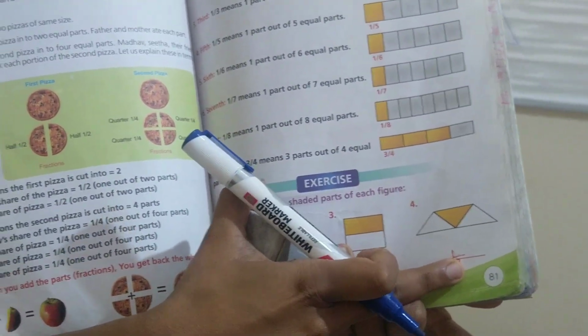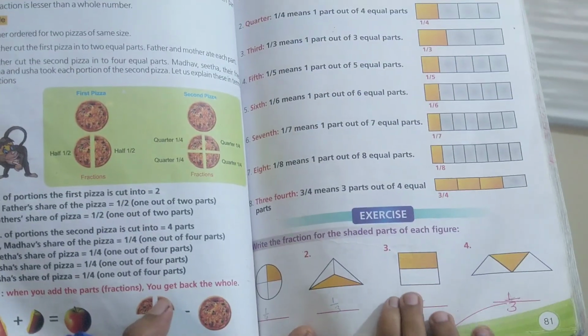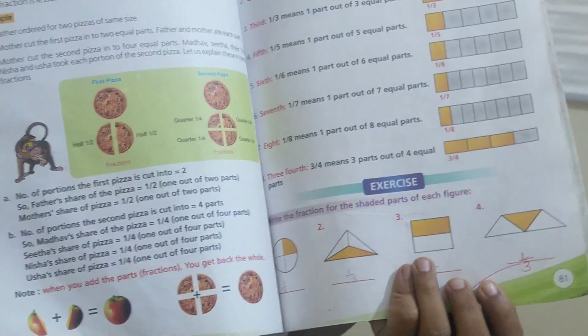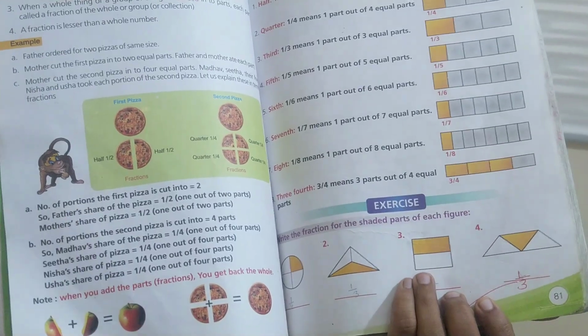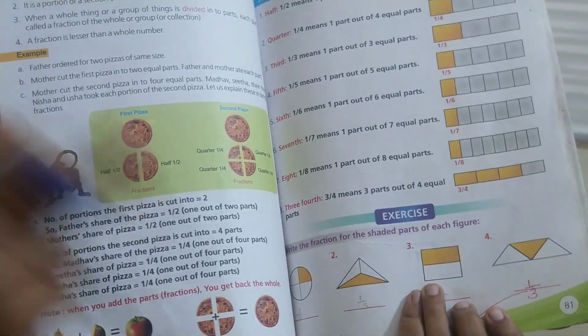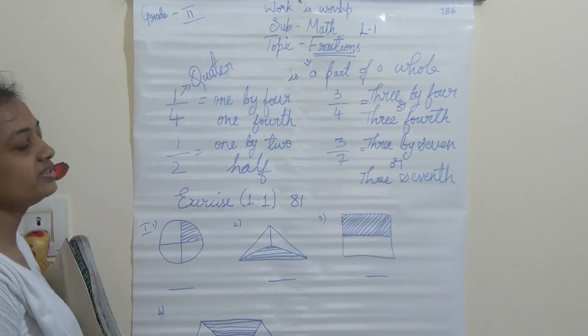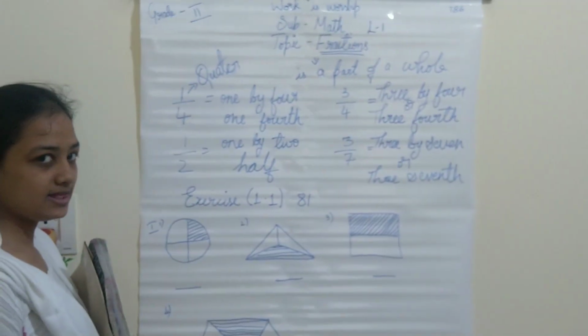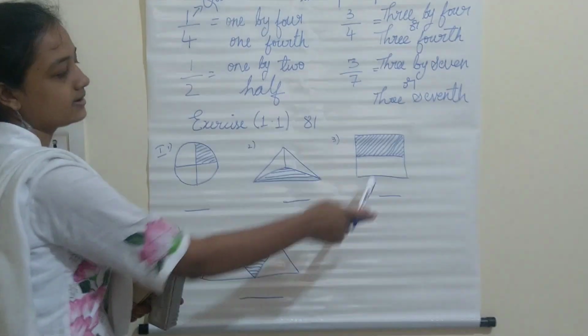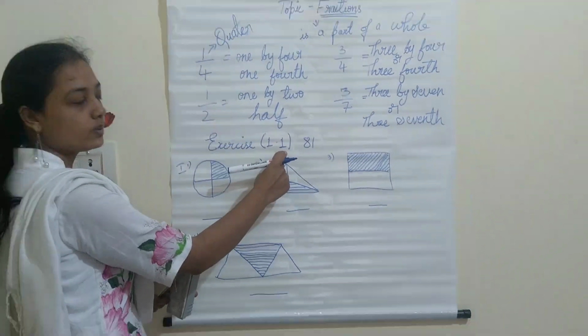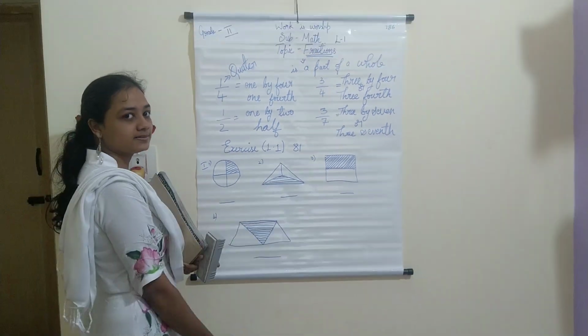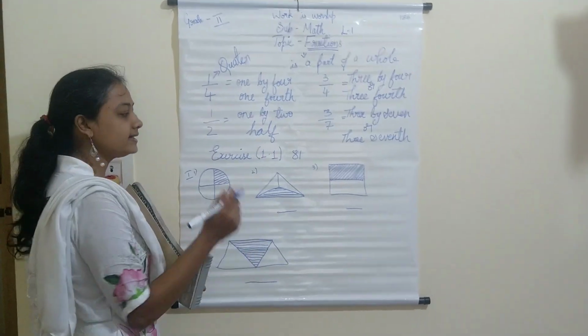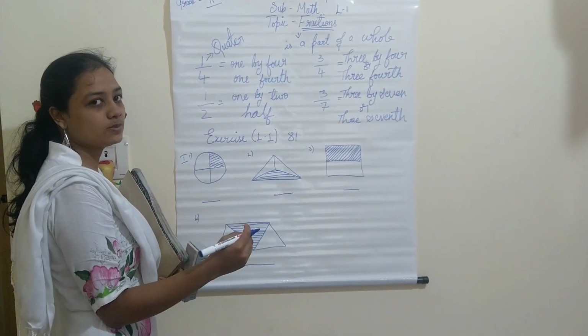So now we are going to represent the figure in fractions. All of you will write the answers along with me in the textbook. The same figures which you can see in the textbook, I have drawn them here. Exercise 1.1, page number 81. All of you take your pencils and write the answers with me in your textbooks.